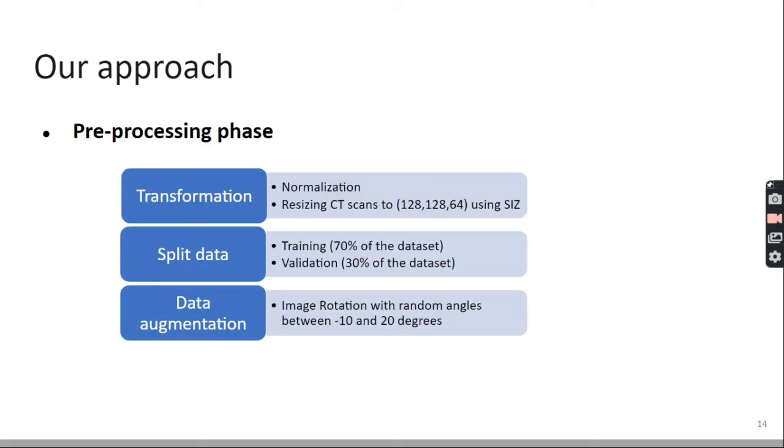In the pre-processing phase, we got the transformation of the data by normalizing and resizing it to 128x128x64. Right after, we split the data into 70% for training and 30% for validation, we also augment this dataset by rotating the images with random angles between -10 and 20 degrees.